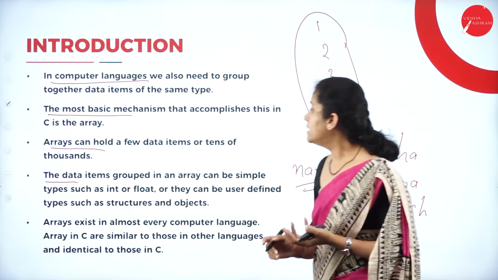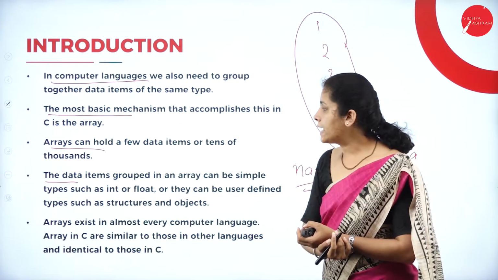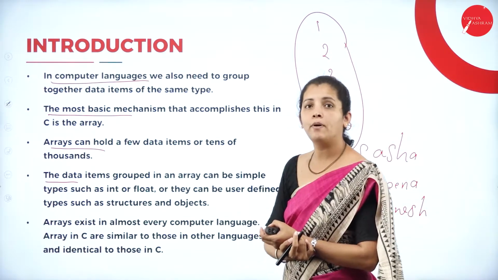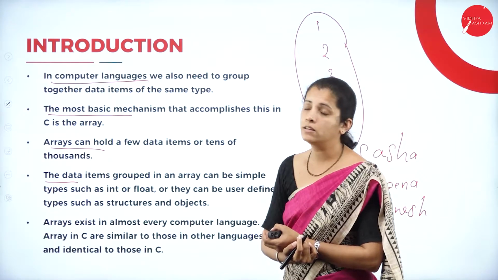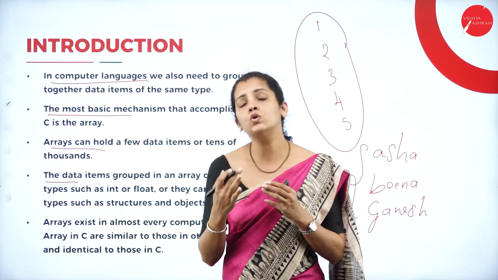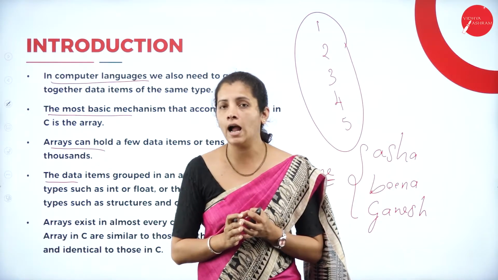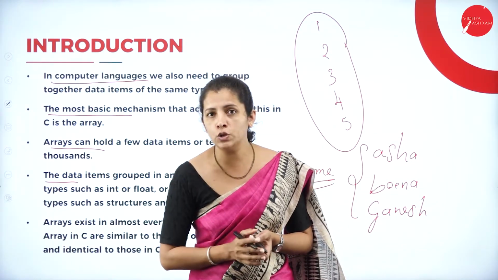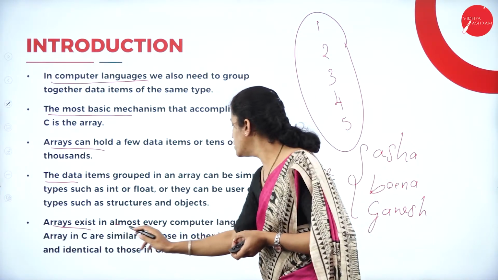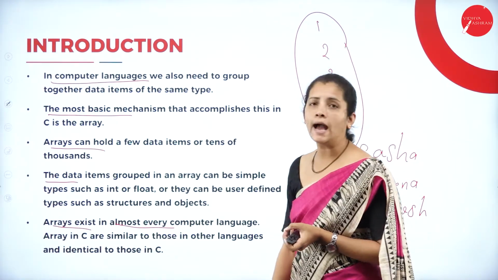The data items grouped in an array can be of integer type or floating point type, or it may be a character. That means by using an array, I can group any kind of data item and it is left to the user.